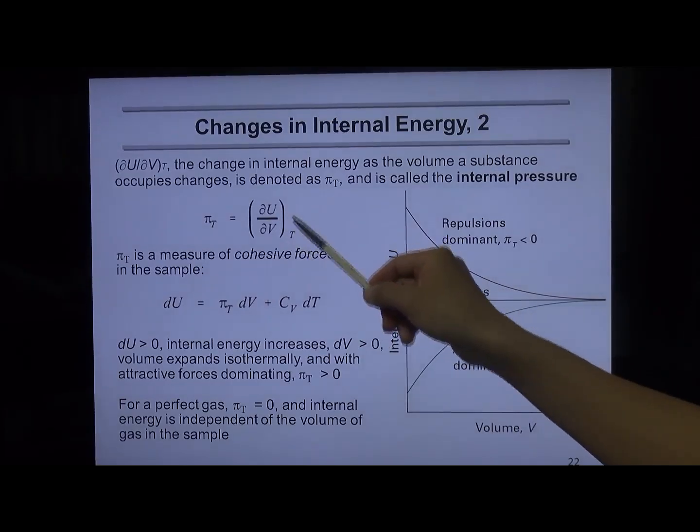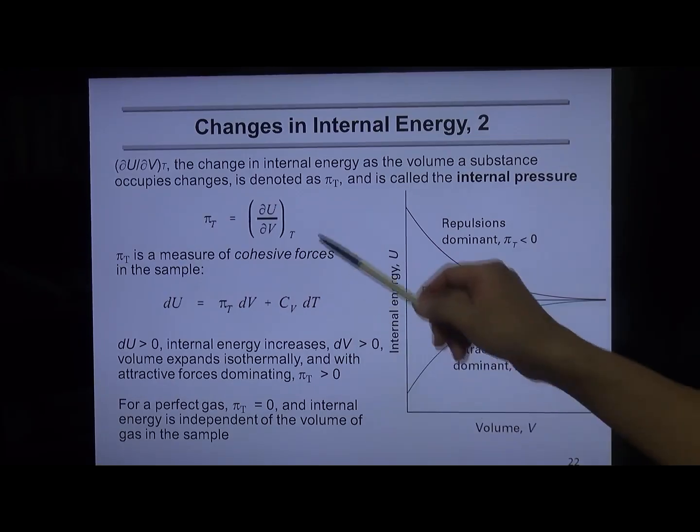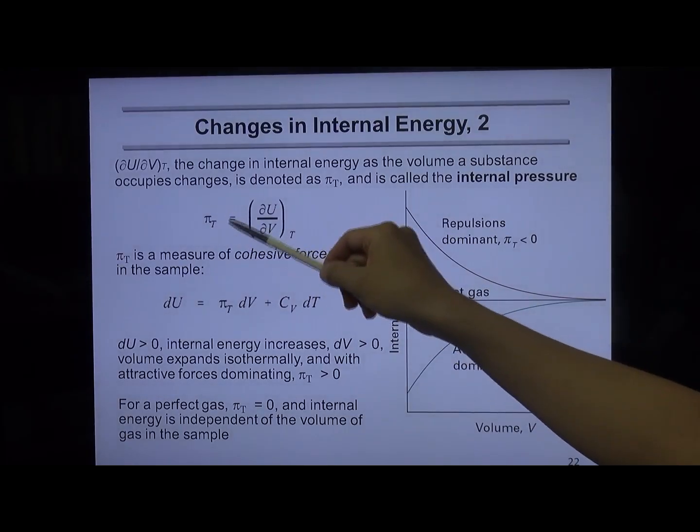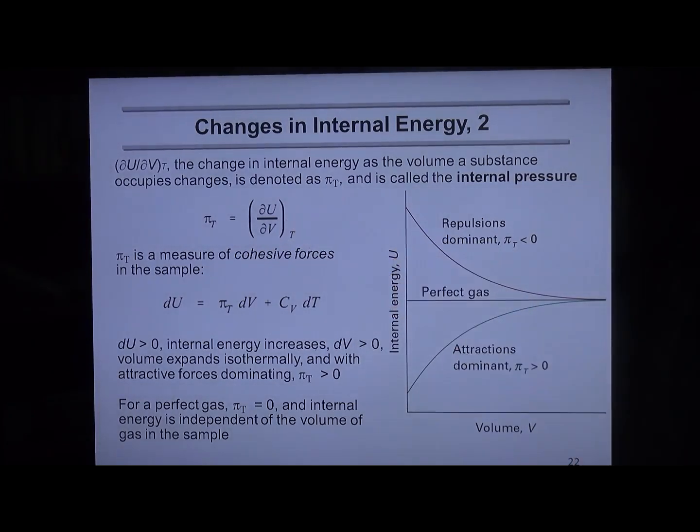Internal energy, if you recall the formal definition, comes from the total energy of kinetic and potential energies of molecules, right? But here, pi T is defined at constant temperature.